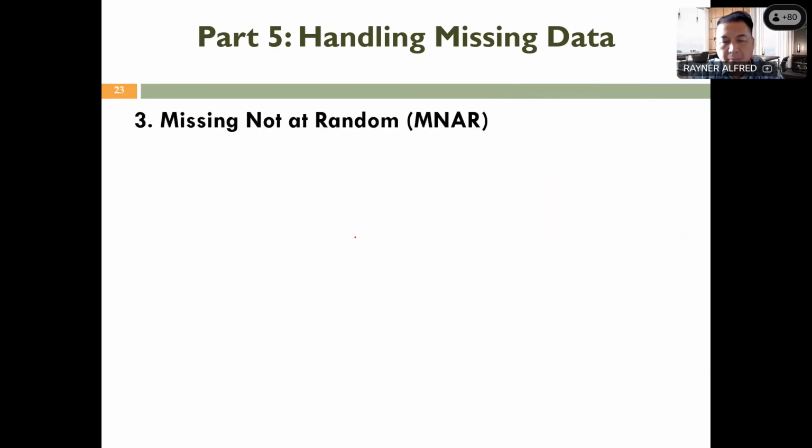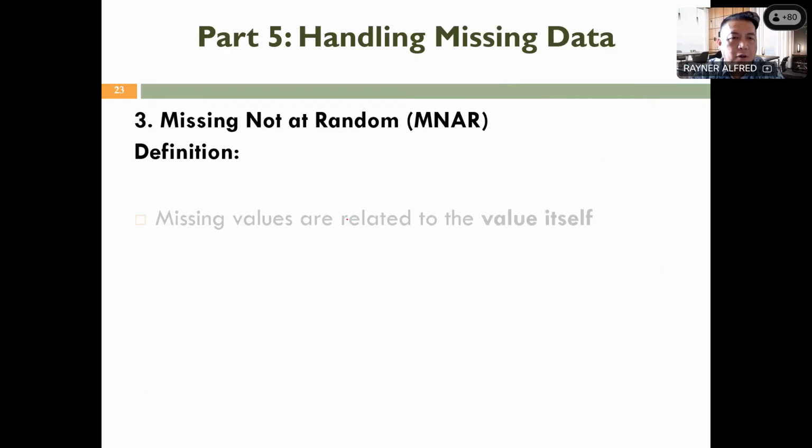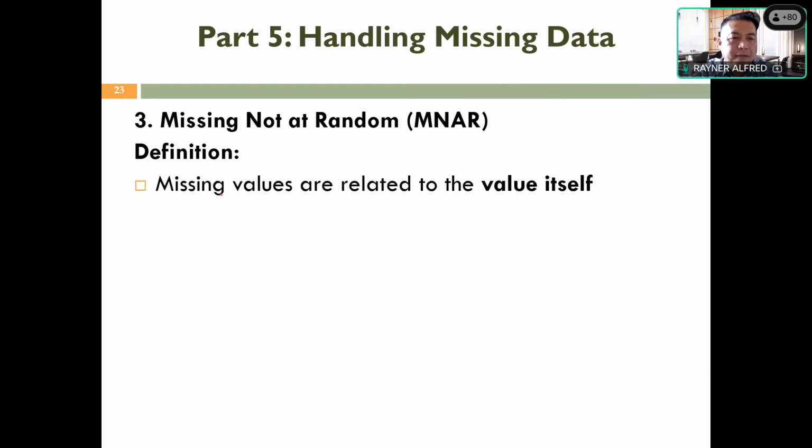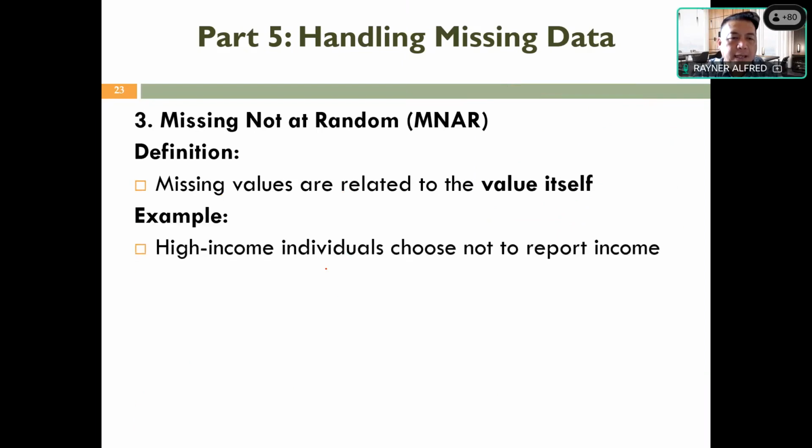Third, missing not at random. Missing not at random means that missing values are related to the value itself. For instance, high income individuals choose not to report income. So for instance, you want to do a study about a certain socioeconomy.